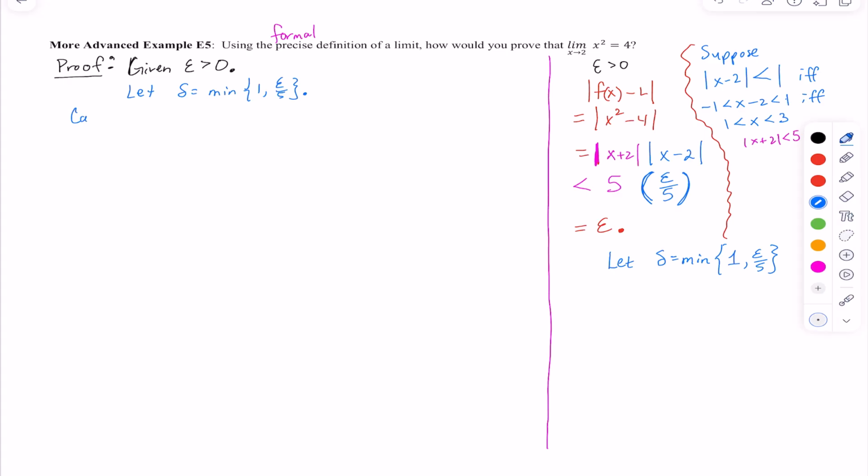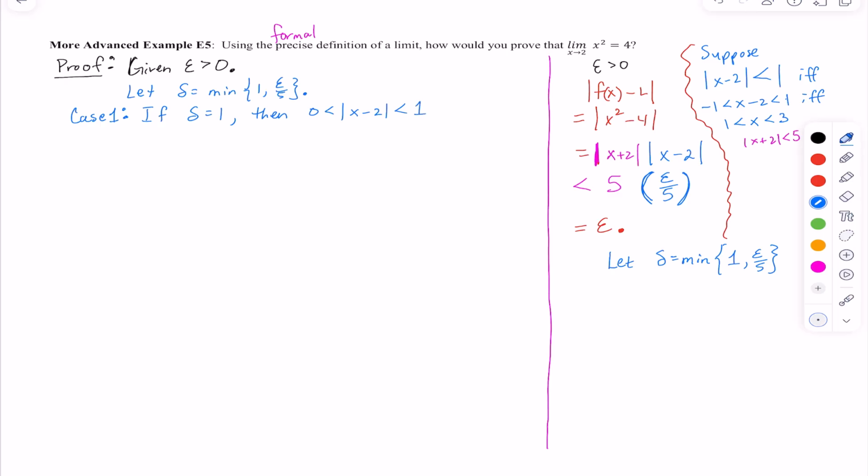And now we're going to have cases. Case 1. If delta is equal to 1, then we're going to go ahead and observe this part here.